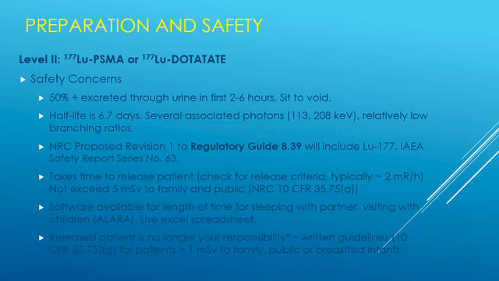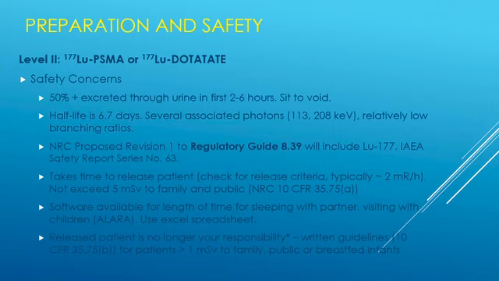The associated photons, like I said, are relatively low energy, 100 to 200 keV, and also relatively low branching ratios, 5 or 10%. So release criteria are in Regulatory Guide 8.39 of the NRC, but they are currently working on revision 1 because specific values for lutetium do not currently exist. They really only have the older isotopes in there. And the IAEA also has a report that you can check as well.